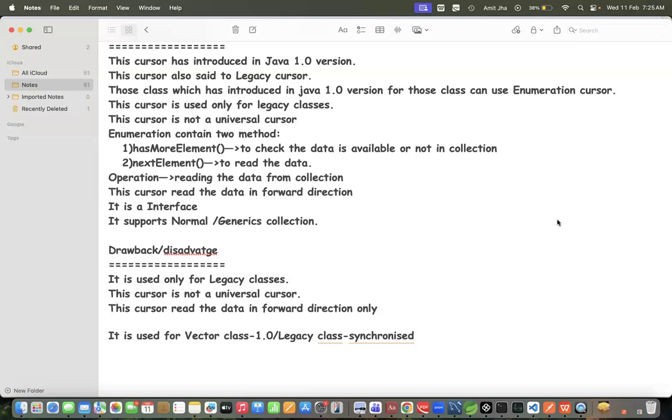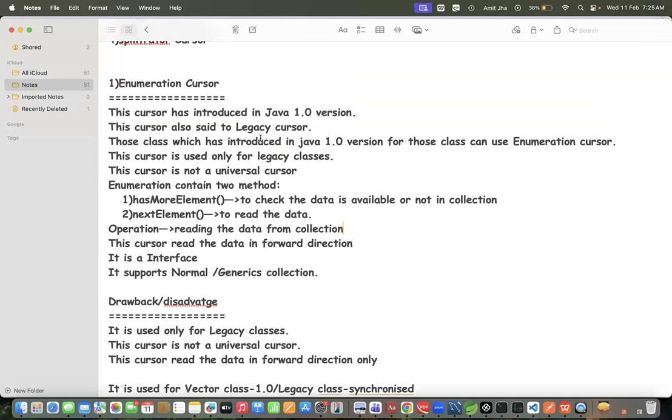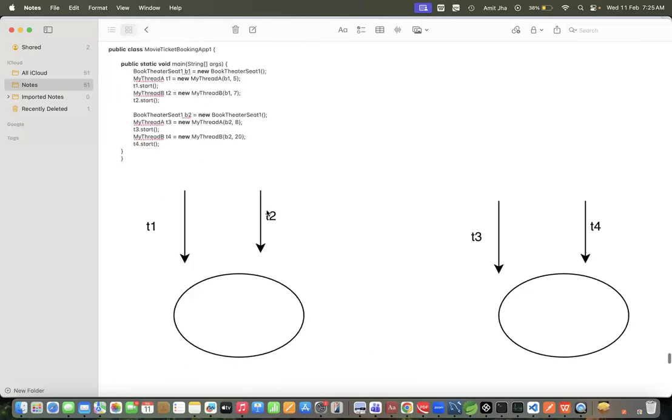Now, these are all important points by which you can write the code easily, right? If you understand all the important points, what the enumeration cursor does, what the advantage is, what the disadvantage is, and you know all the points very effectively, then you can write the code easily.